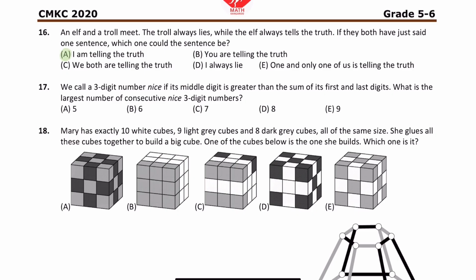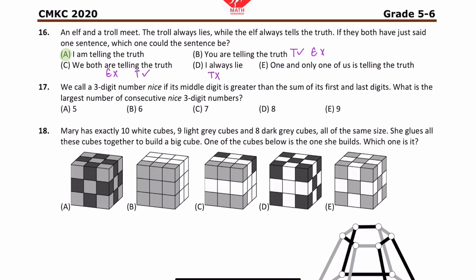"You are telling the truth." The elf won't say that to the troll because the elf knows that the troll lies, right? But the troll can say that. So the troll can say that, the elf cannot. "We both are telling the truth." The elf won't say that, the troll can. "I always lie."